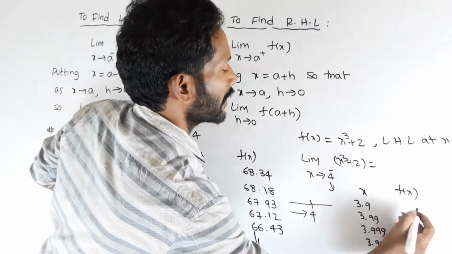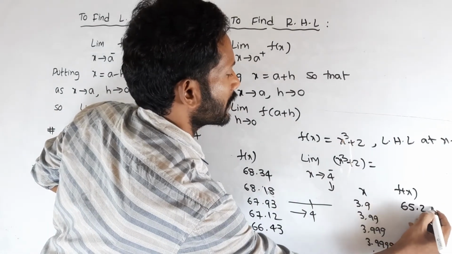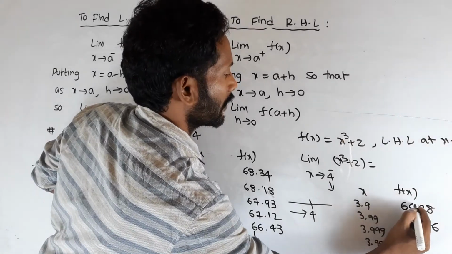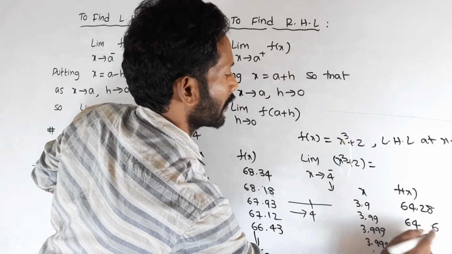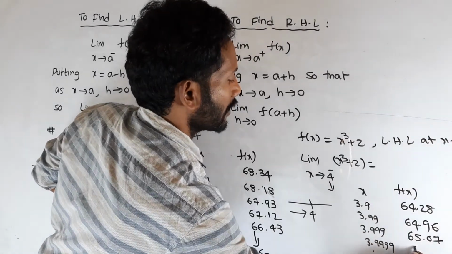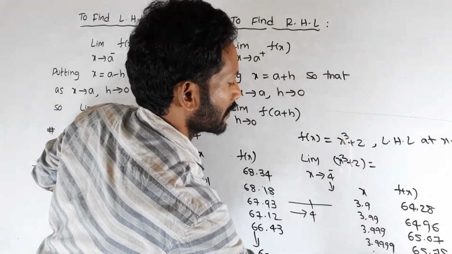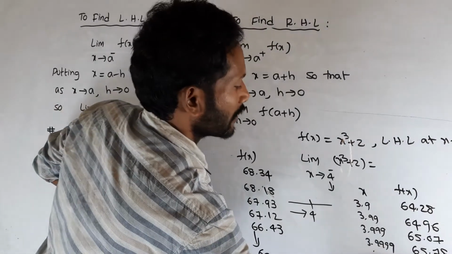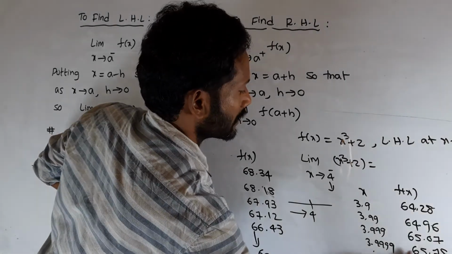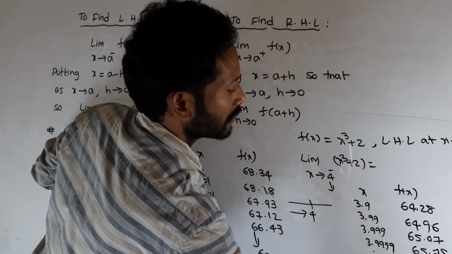This one is approximately 65.28, 65.76, 65.07, 65.78, just approximate roughly as well. So this one approaches 66.